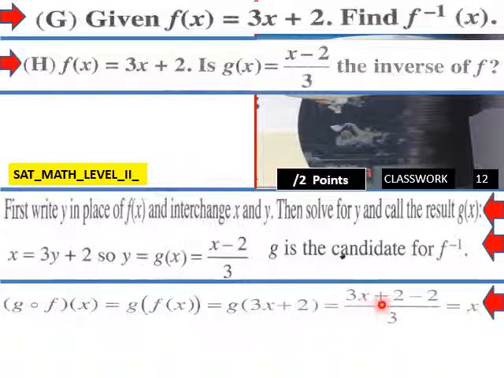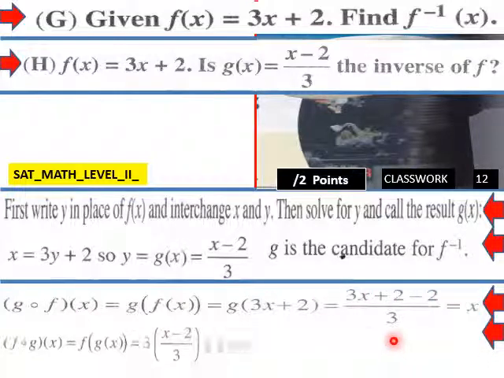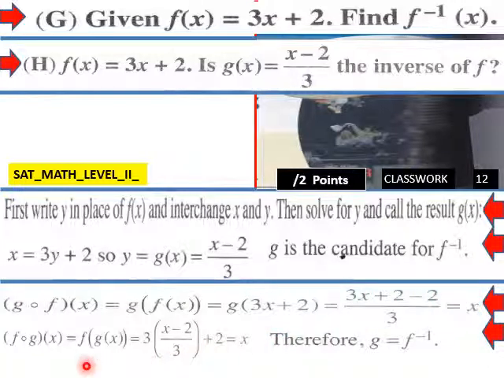So we have 3x plus 2 minus 2 over 3. And then these cancel out, so we end up with x. So that proves that it is the inverse. So therefore, f of g of x equals 3 times x minus 2 over 3 plus 2 will equal x, and it does. Therefore, g is the inverse of f. g equals the inverse of f.